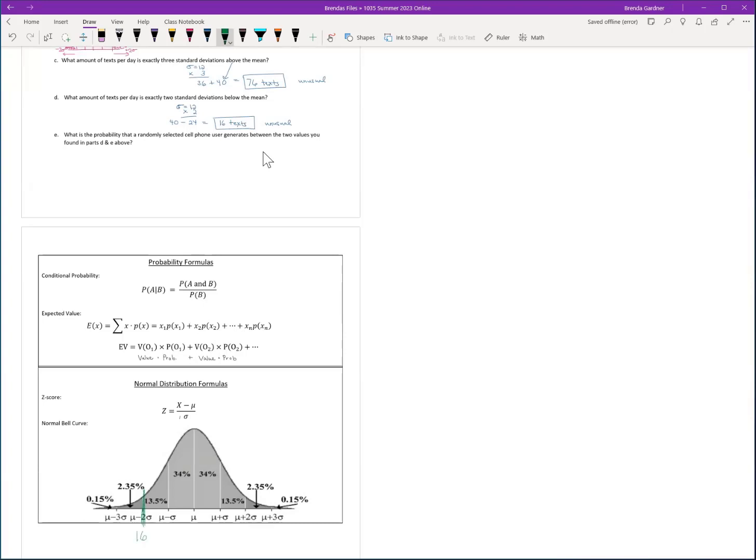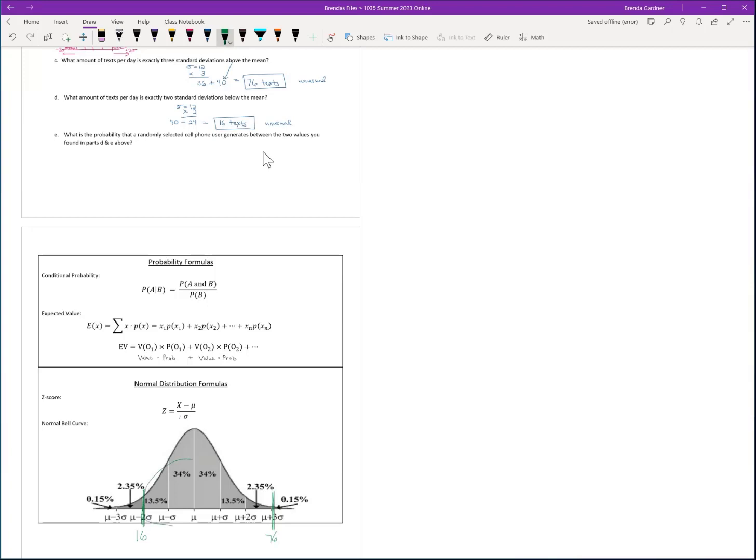That's 2 standard deviations away. And then 76 texts is up here. So to find the probability between standard deviations, you can just add them up using your table or your normal distribution chart.